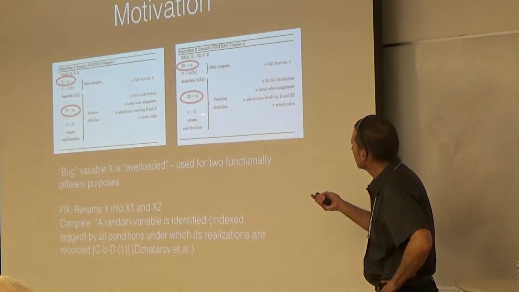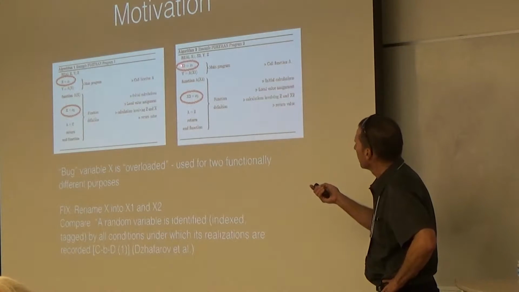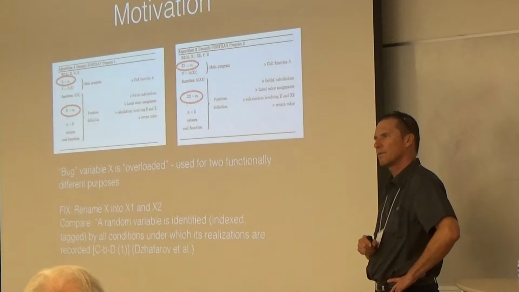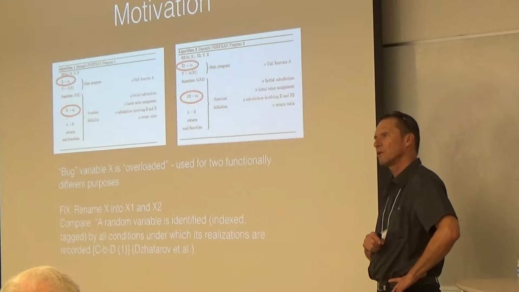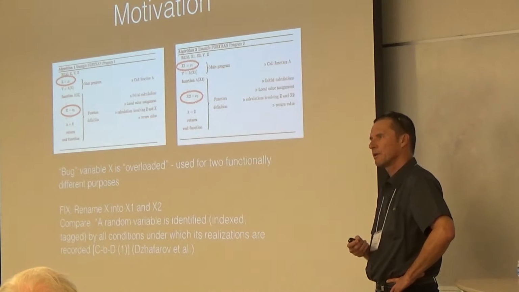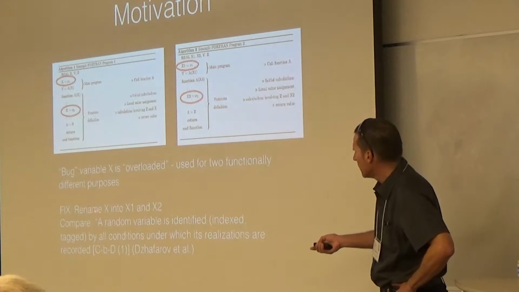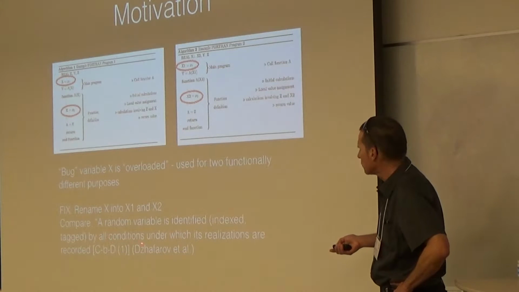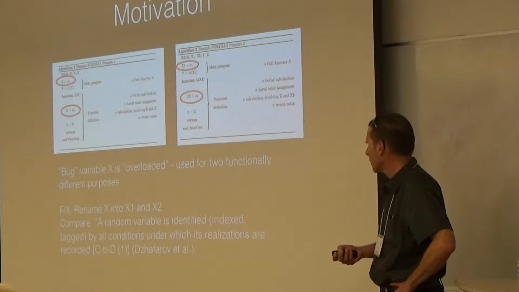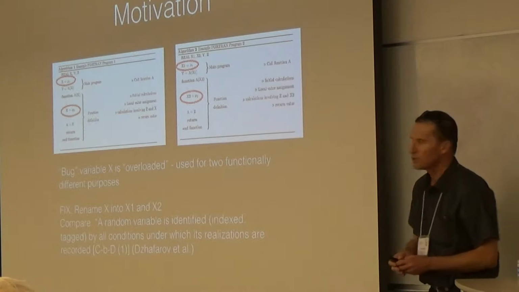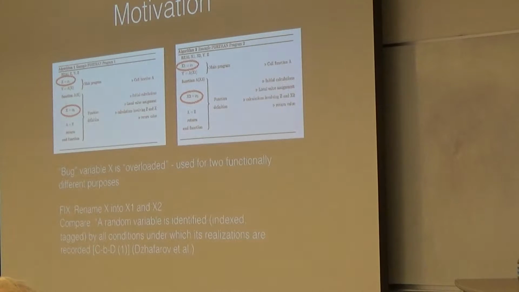So this fix is very similar to the intuition that Eddie shared earlier about contextuality by default, that when we have a random variable, it's indexed or tagged by all conditions in which its realizations are recorded.